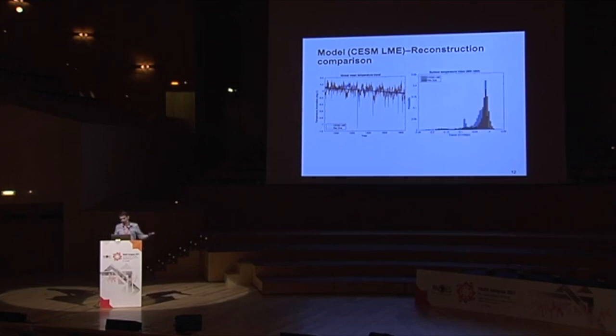And then if you look, how well does that do spatially? I show this information using distributions here. They're really very comparable distributions. Maybe in the reconstructions we have more areas where the trend is positive, whereas the climate model maybe has a little bit more areas where it's cooler, but by and large, very comparable between the reconstructions and the CESM Last Millennium Ensemble.